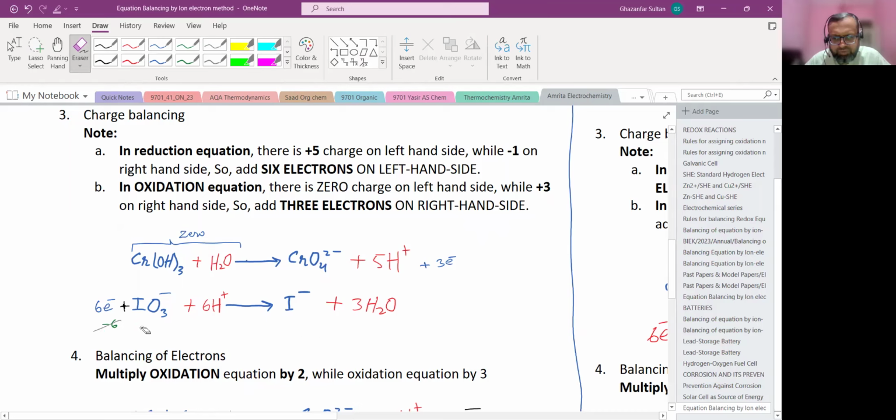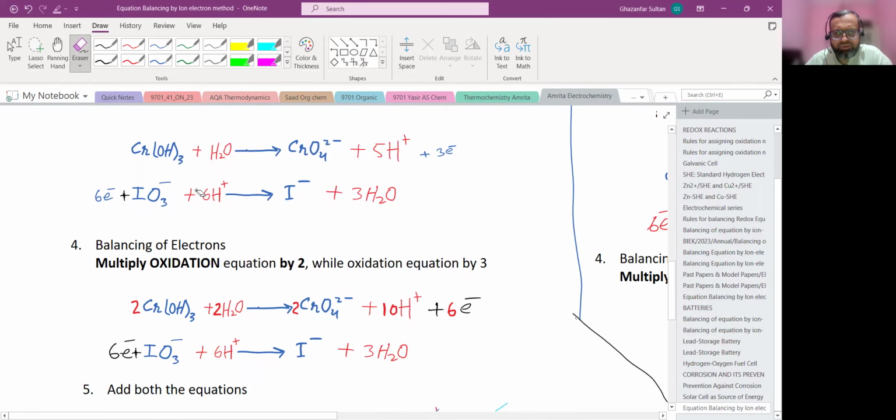So after balancing the charge, remember that we balance the charge by adding electrons on either side. We have to balance the charge in the given equations. But what's wrong here is that the number of electrons is different in both the equations. So in the next step, we are going to balance the electrons.